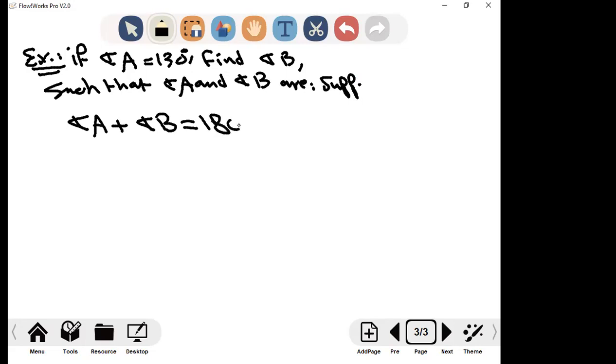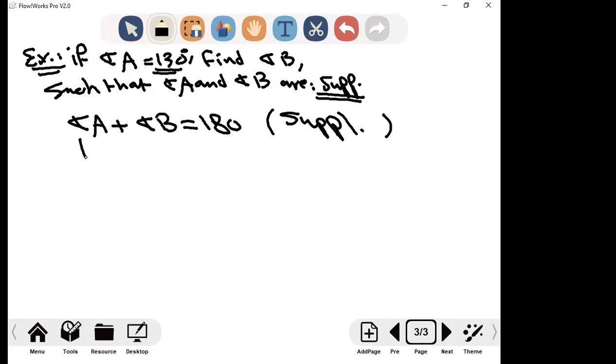So what we said is, because they are supplementary, it means angle A plus angle B should equal 180. This is the equation, right? And we need to justify our answer, right? Why do they equal 180? Because the question said that they are supplementary angles, right? Now, angle A is given as how much?